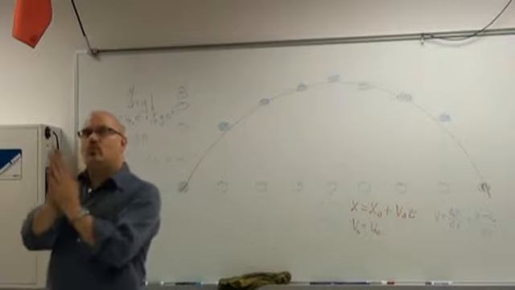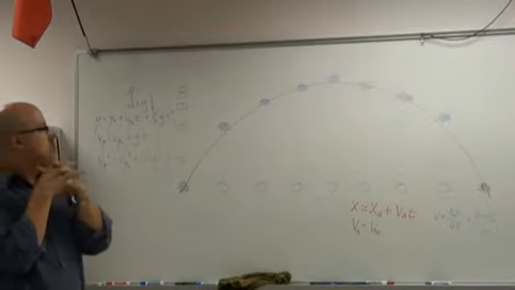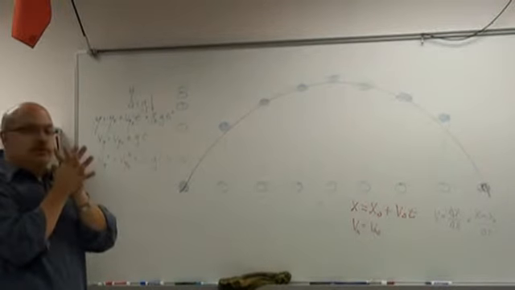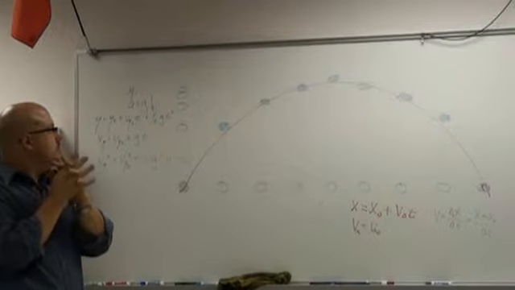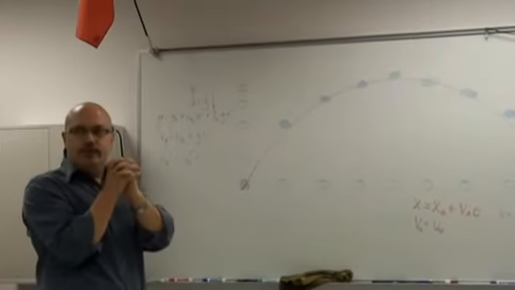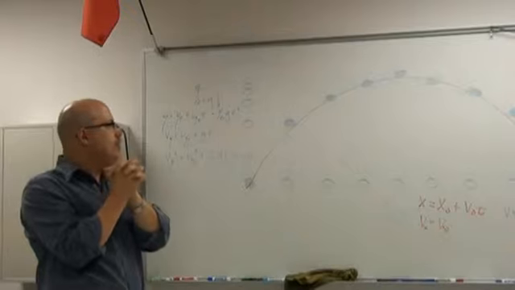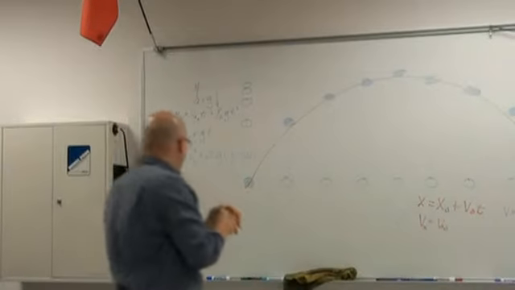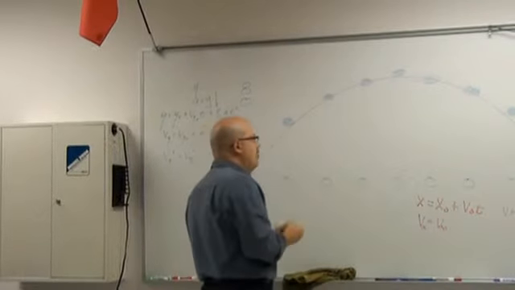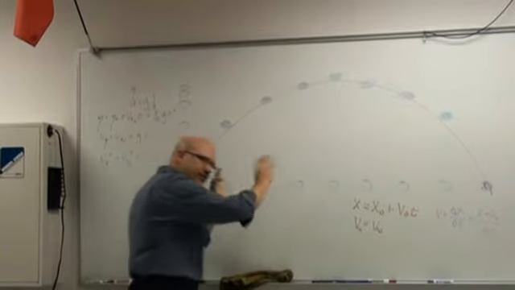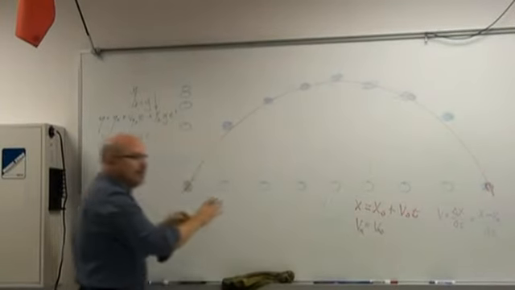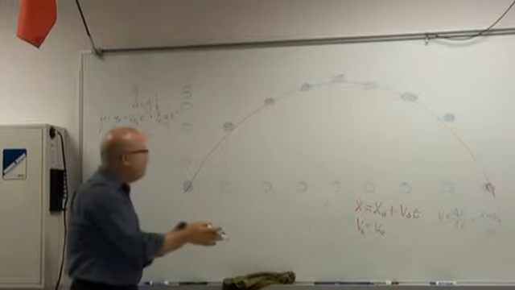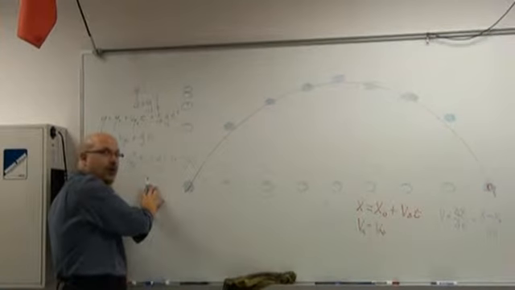So all you have to do is remember, very, very important, that the x stuff has to stay with its own x stuff, and the y stuff has to stay with its own y stuff.